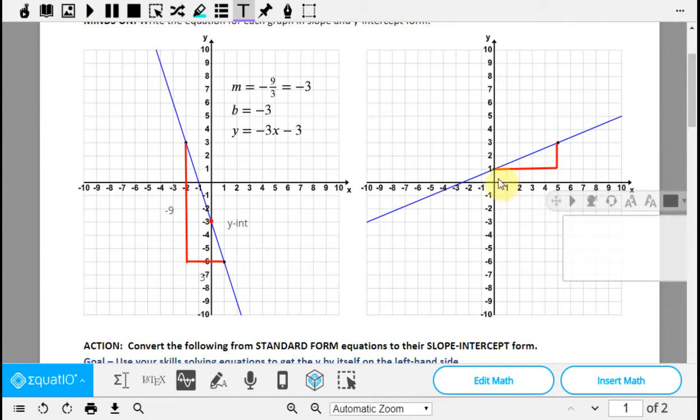My run is from 0 here to 5, so that makes that 5.